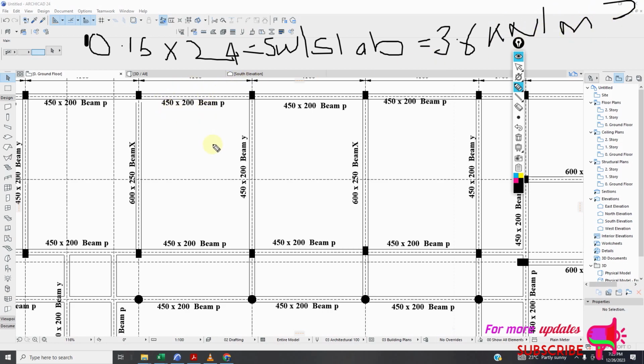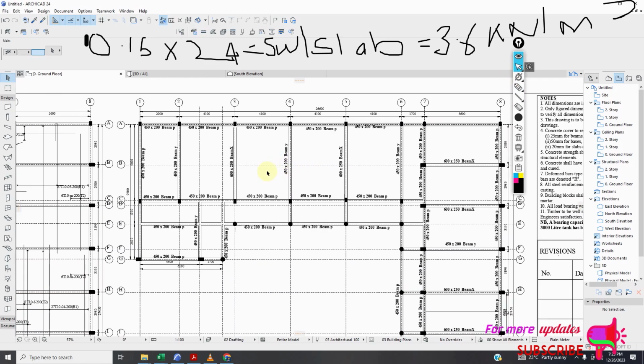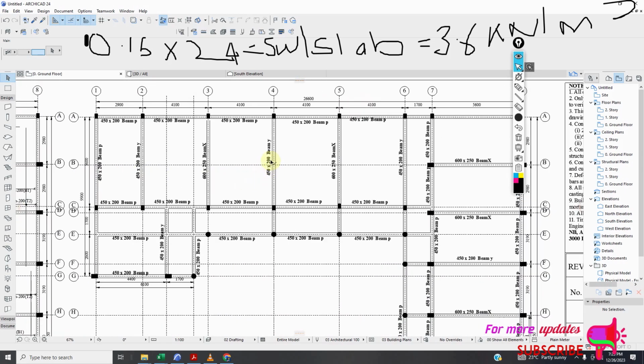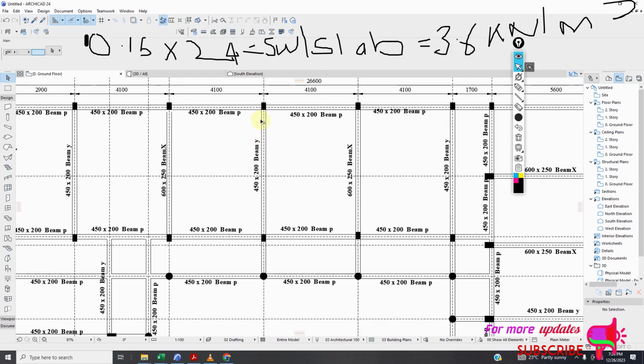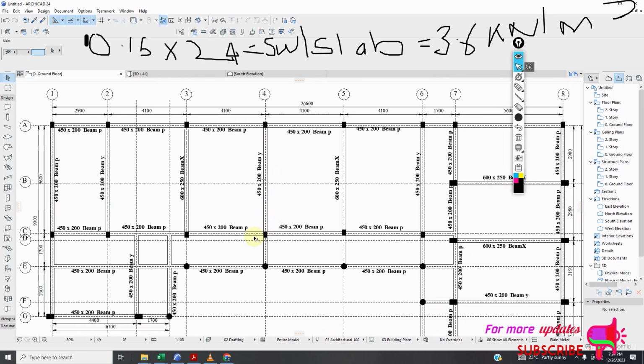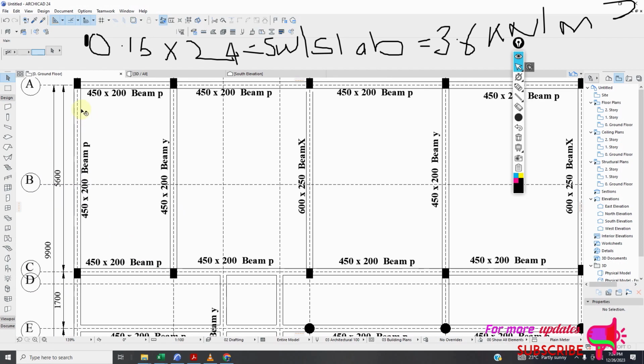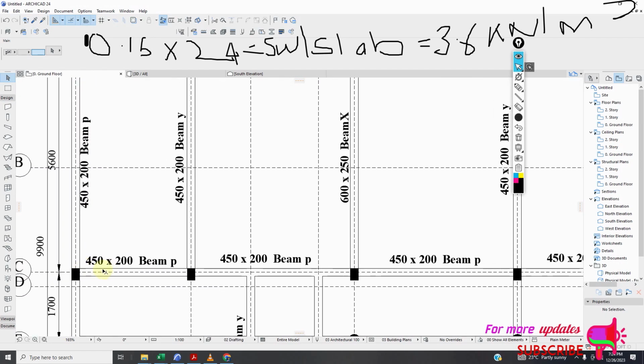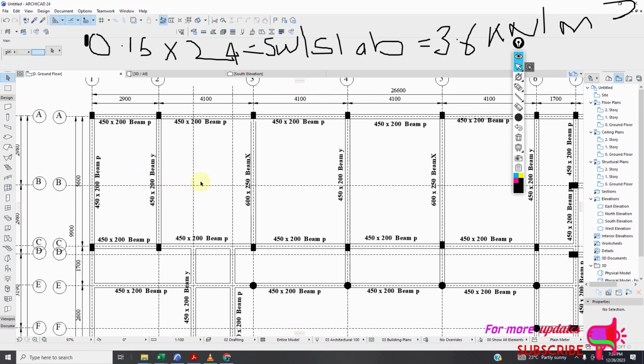So the total load that will be acting on this beam will be equal to the length of the slab spanning on this beam. That will be 5.6 minus 0.2, because this is grid to grid. Now we want just the slab, that is 5.4. That will be 5.4 multiplied by the self weight of slab, 3.6.